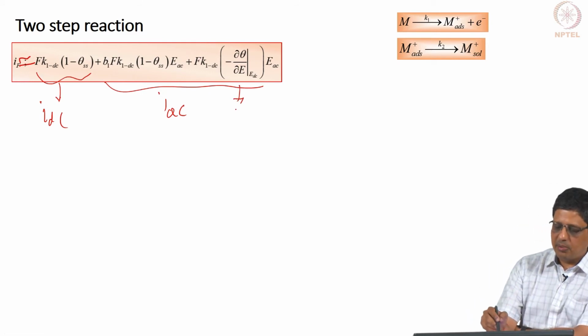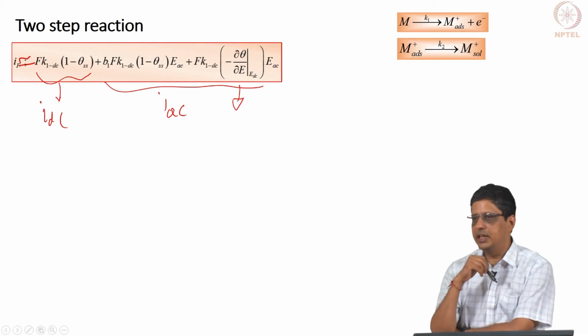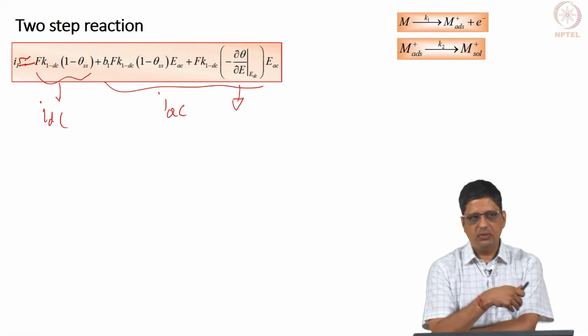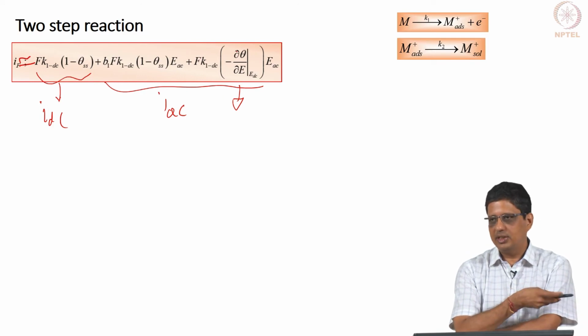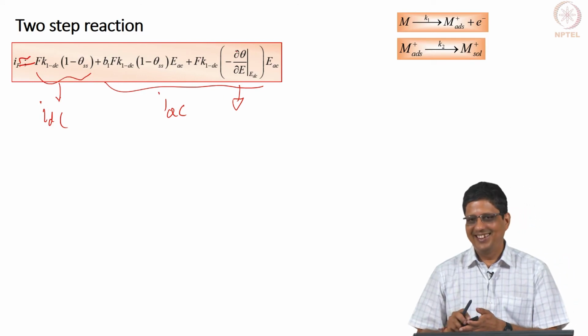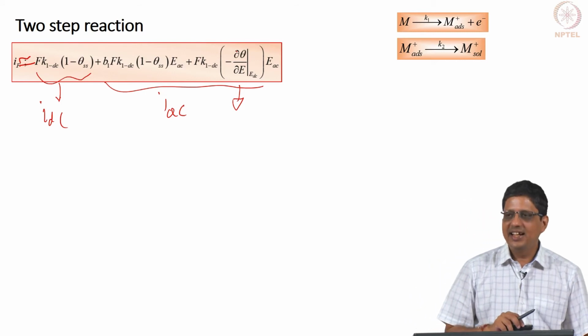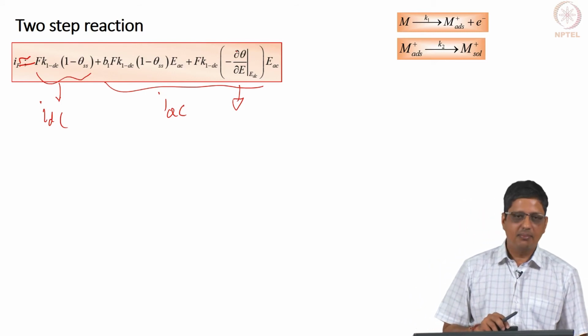Now, the only problem here is I do not know what d theta by dE is. Of course, I am going to tell you how to solve it, otherwise what is the point in showing you this. In order to get d theta by dE, we need to look at the mass balance equation.